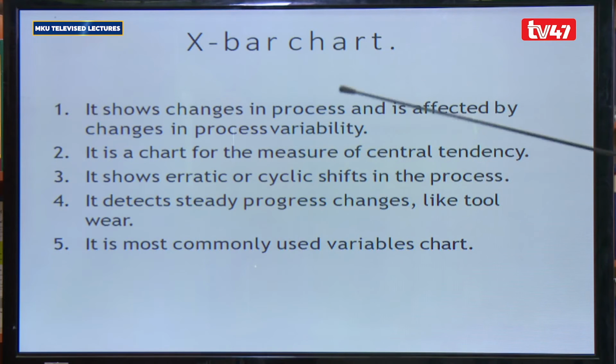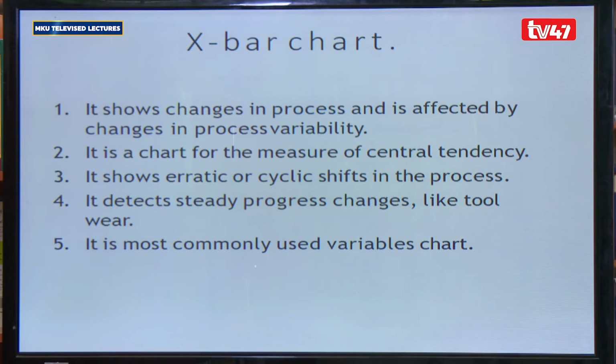Two, it is a chart to measure the central tendency. It shows erratic cycle shifts in the process and also detects steady progress changes like wear in tools, changes in length for different products, and so on.